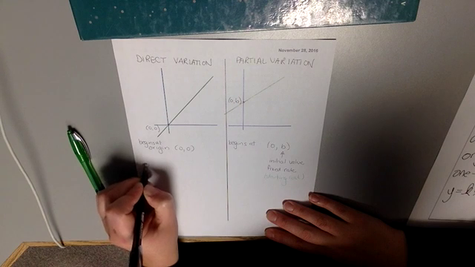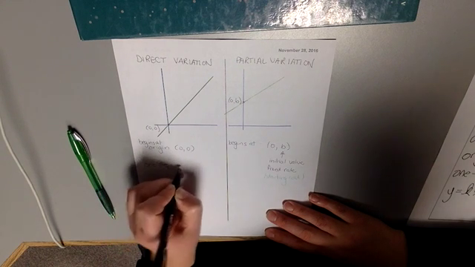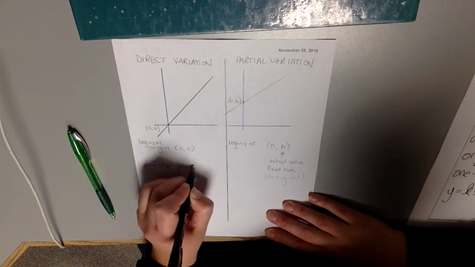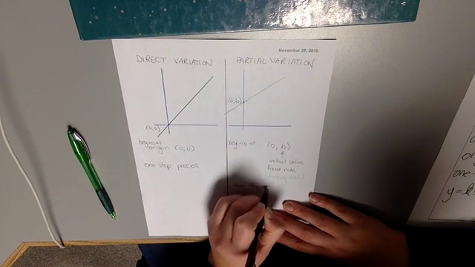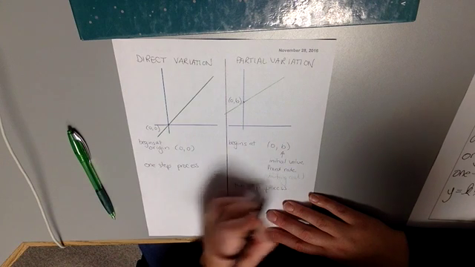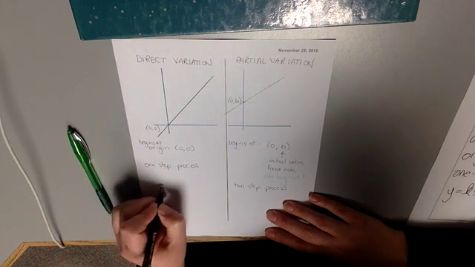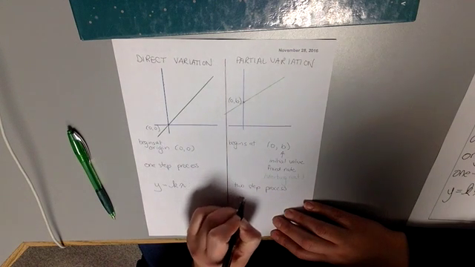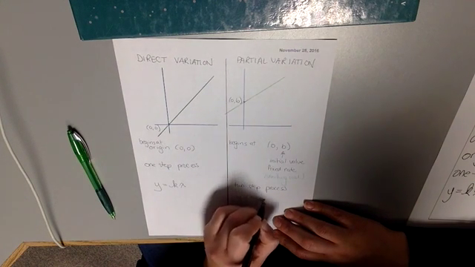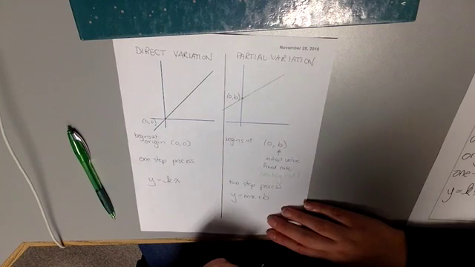Direct variation is a one-step process, and partial variation was a two-step process. The equation for direct variation was y equals kx, and the equation for partial variation was y equals mx plus b.